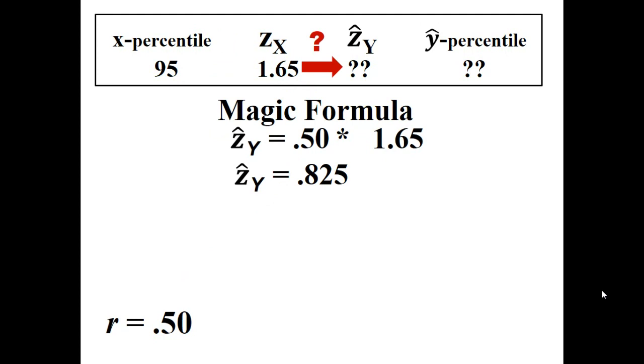And we do the algebra, and we find that the predicted z of y equals 0.825. That's about equal to 0.83, so we'll put it up here at the top. When we round it, if we're rounding to the second decimal point and 5 is in the third decimal position, we'd go up. So at least in this class. In other classes it might be different, but 0.83.